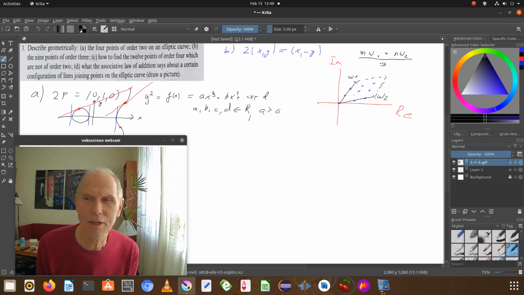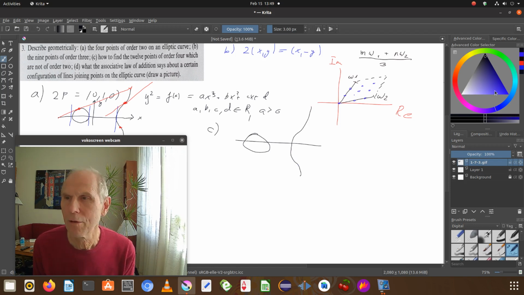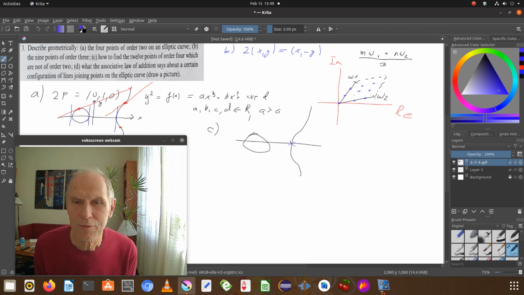This one I can do. So if we choose this point, then if we go up here, choose a point where the tangent goes through this point.